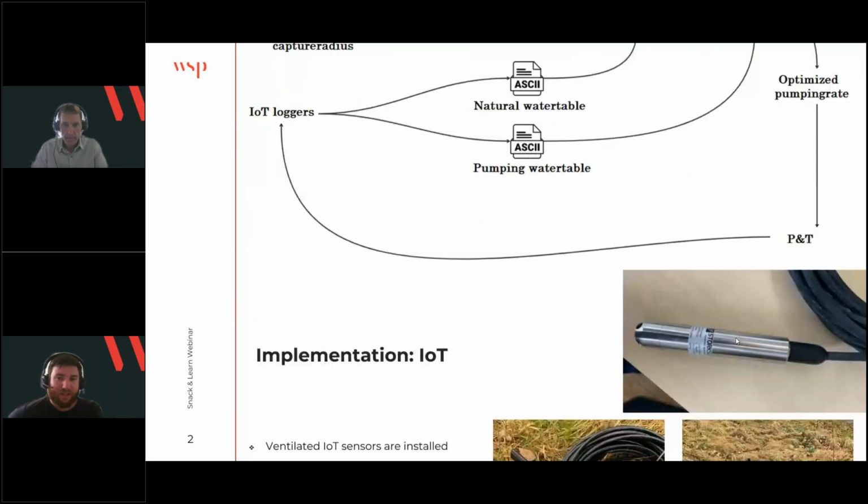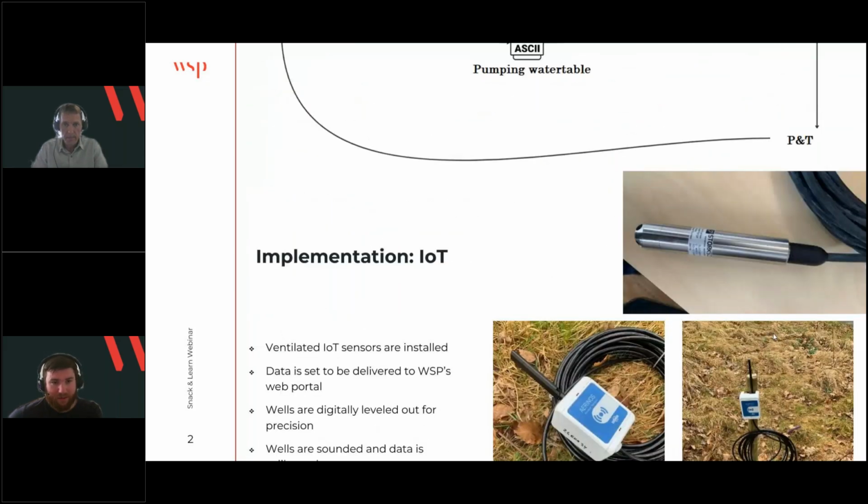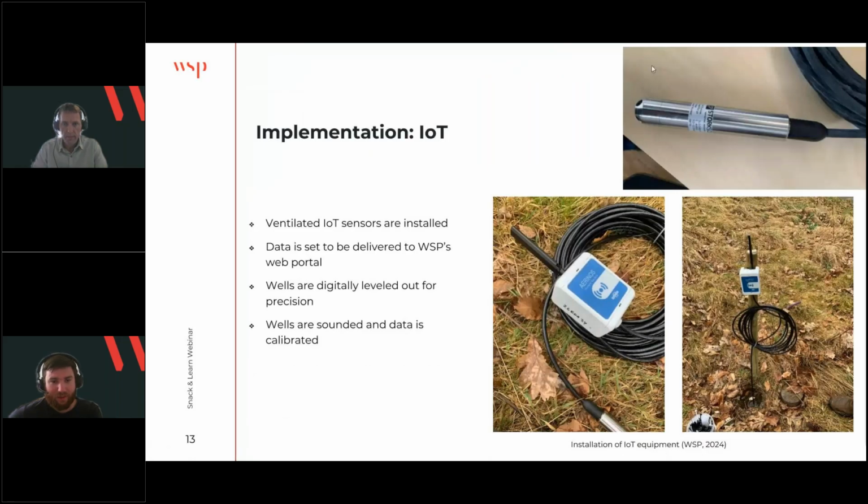So the IoT sensors here, we can see them. They are just sensors with a modem on top. They are ventilated. So they're ventilated because they needed a barometric compensation for the change in atmospheric pressure. And all the data from these sensors is then delivered to WSP's web portal, as I mentioned earlier. It's called Vandportalen or Water Portal.